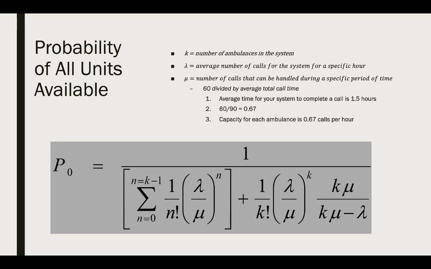Starting at n equals 0 on the bottom, and ending at k minus 1, we're actually doing it 5 times: for 0, then 1, 2, 3, and 4. And after we've done that summation, we can just plug in the rest of that formula.